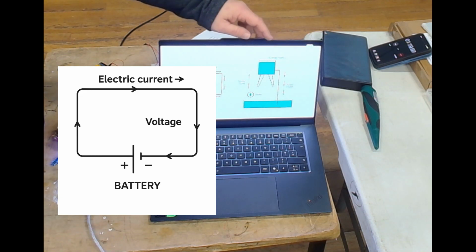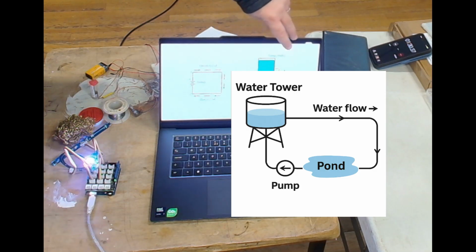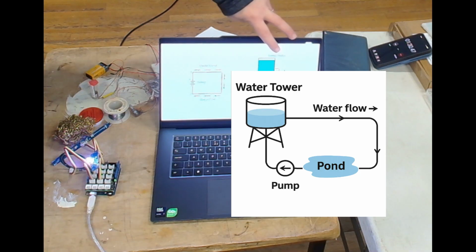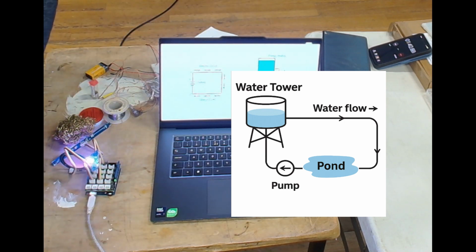And you can think of it as being analogous to water flow through pipes. So if you have a trough of water up high and you've got pipe work running down to a pond below, then the higher you have that, there's going to be more water pressure and it's going to drive the water faster.